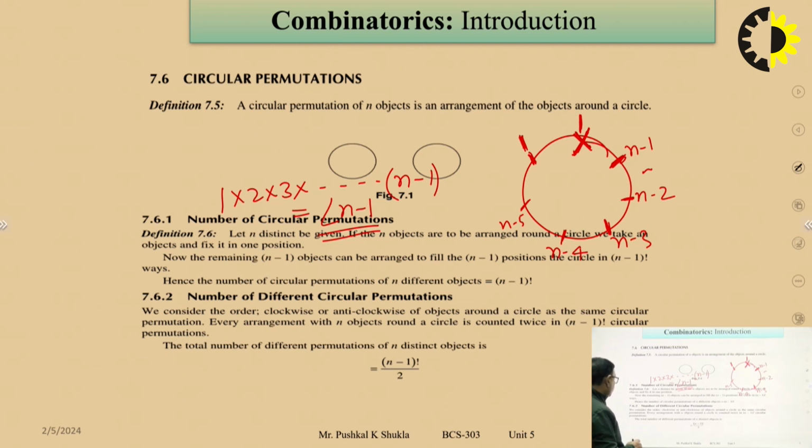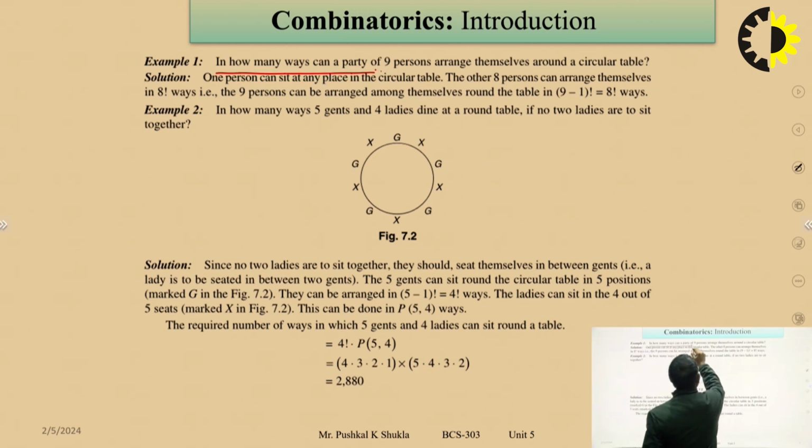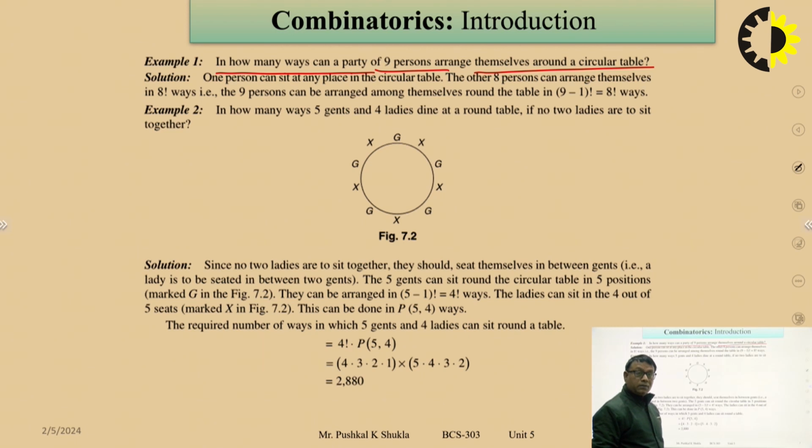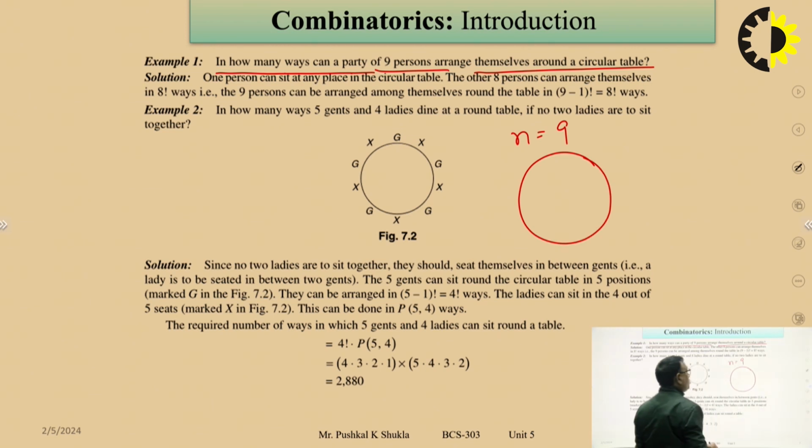For example, in how many ways can a party of 9 persons arrange themselves around a circular table? The total number of persons is 9, so the value of n is equal to 9, and we have to arrange them in a circular permutation.